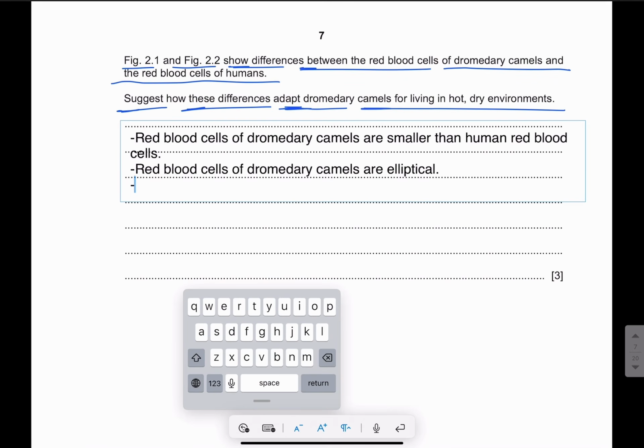So what will happen because of this? So this allows easier or swift flow or smooth flow of blood in dromedary camels.